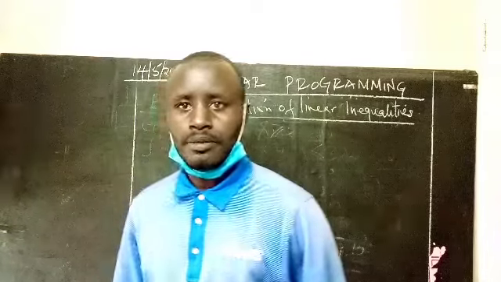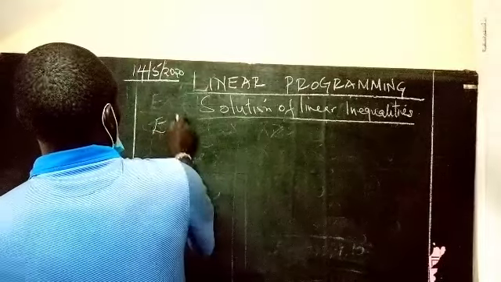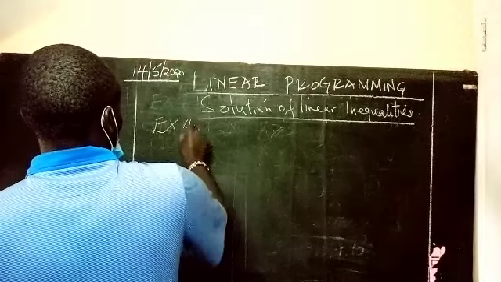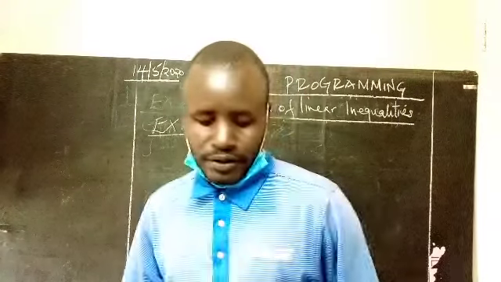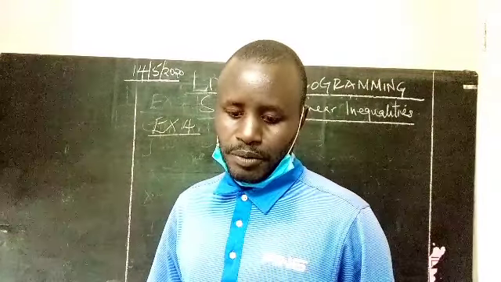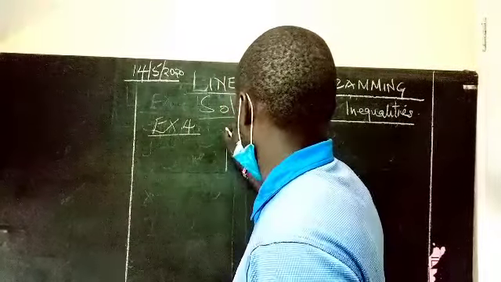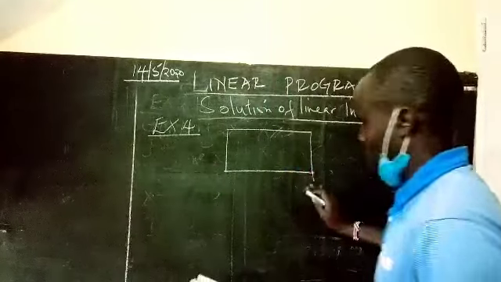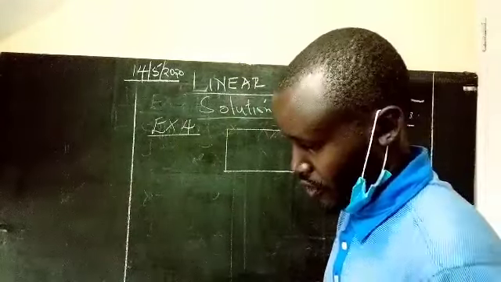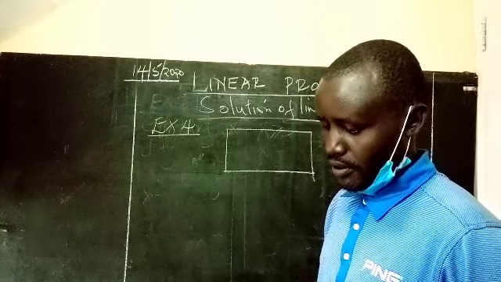So we'll continue with example 4. Example 4 reads: the length of a room is 4 meters more than its width.